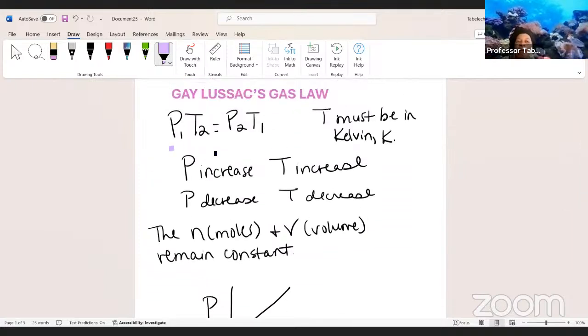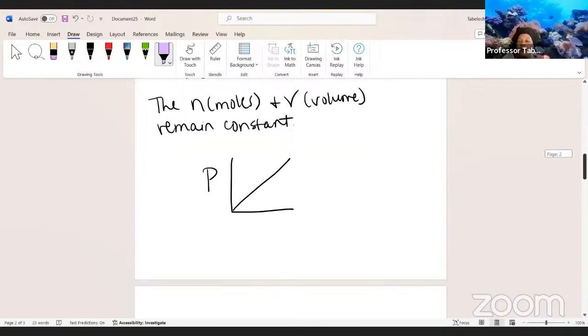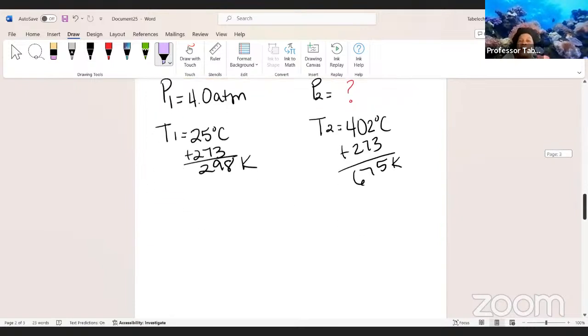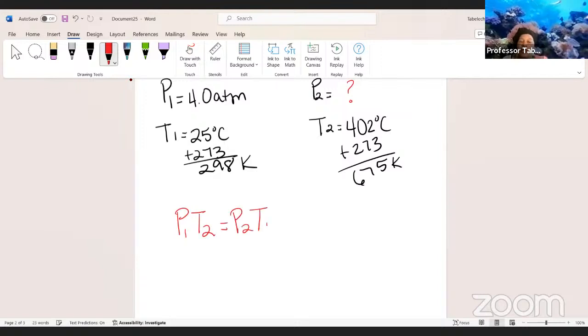This is your base formula: P1 times T2 equals P2 times T1. That's the formula we're going to use, so I'm going to write it here so that you can see it.